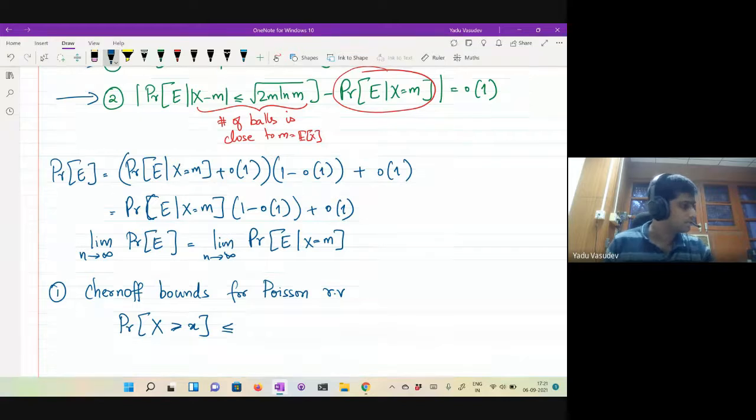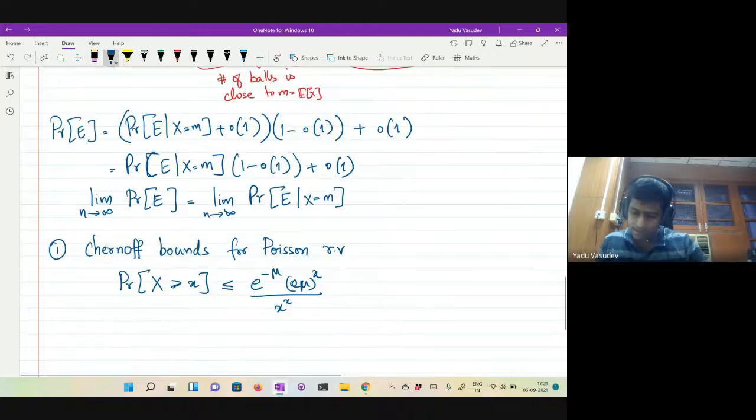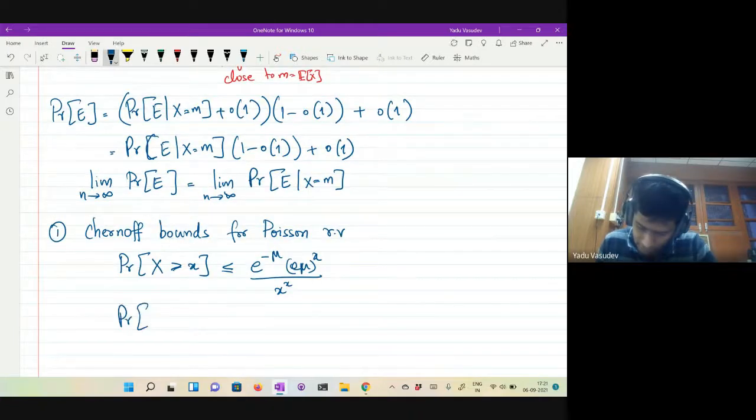Let me just see. It was something like e to the power minus mu, times e mu to the power x, divided by x to the power x. And this is also true for X less than or equal to x.